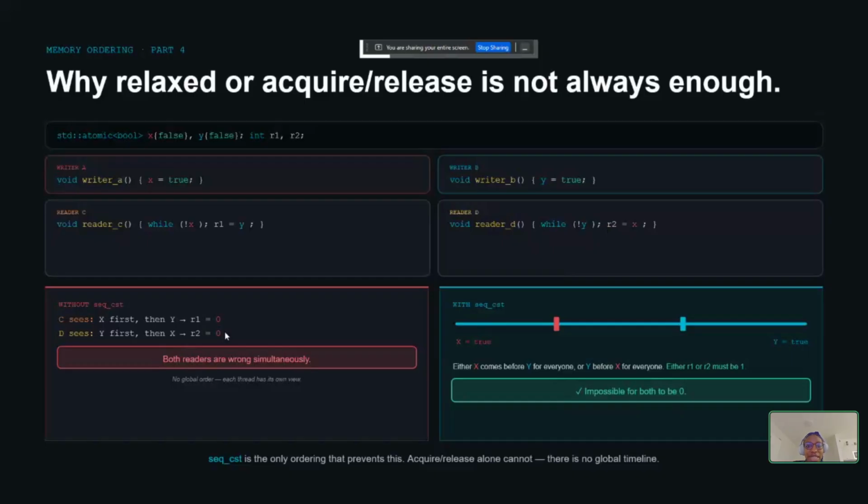But that means our threads are seeing two different things at the same time, right? We want an ordering. That's what makes sequential ordering interesting. We want to have global ordering. Let them see the same thing at the same time. If x equal to true is coming before y equal to true, everybody should observe that specific order.